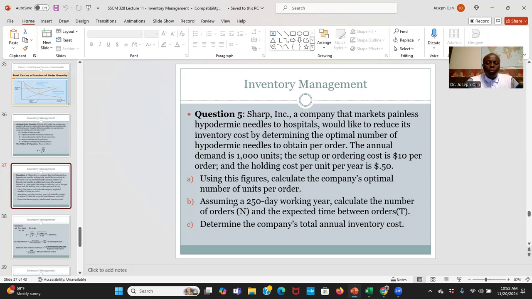Assume that we have a 250 day working year. Calculate the number of orders and the expected time between orders. Part C says determine the company's total annual inventory cost. So let's do it. I put all this information in Excel. You can see it right here.